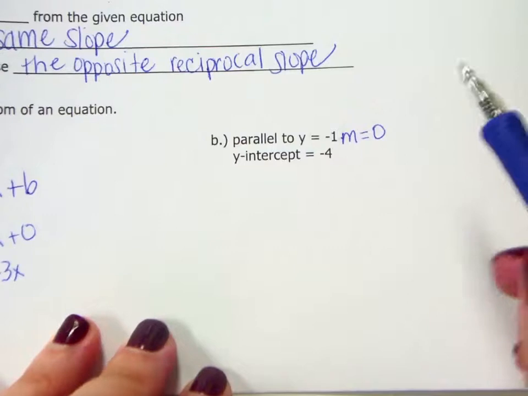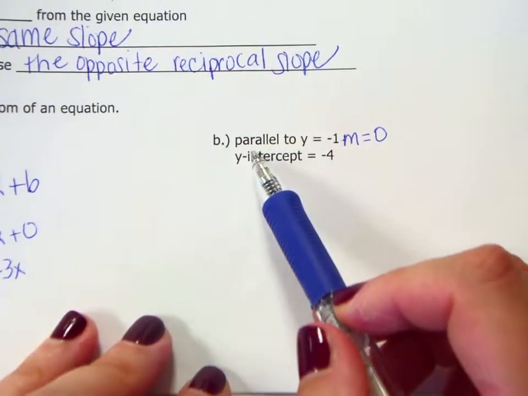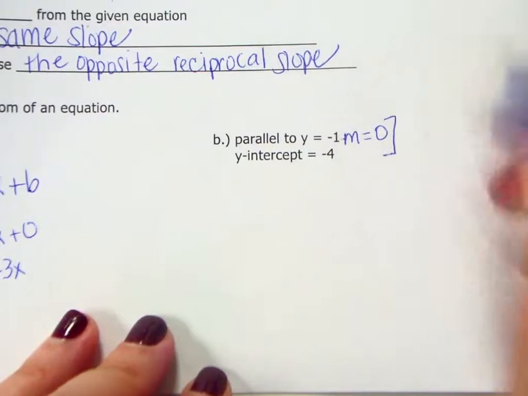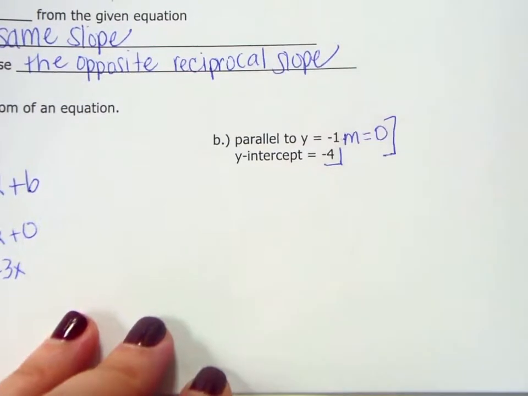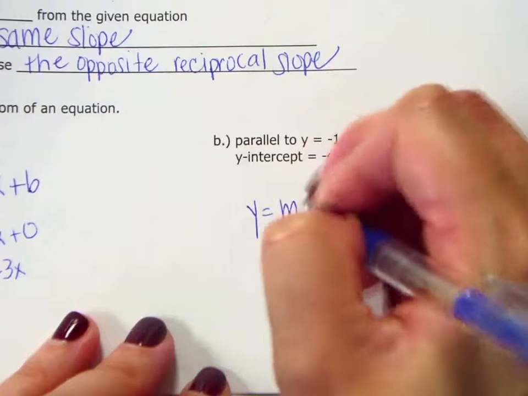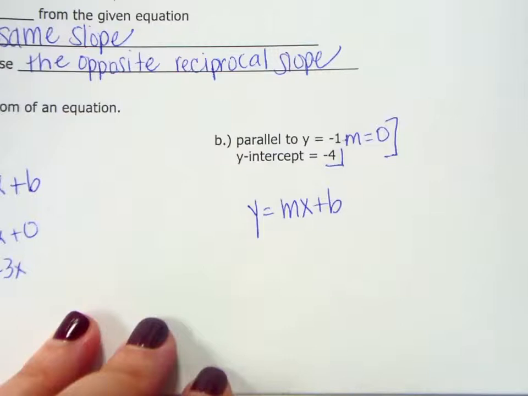So if we want our line to be parallel to that, what is the slope of our line going to be? It's going to be the same. Our slope is 0. Our y-intercept is negative 4. Again, we can substitute in to our point slope form to get the equation of our line.